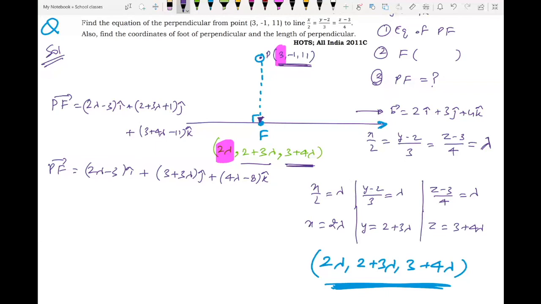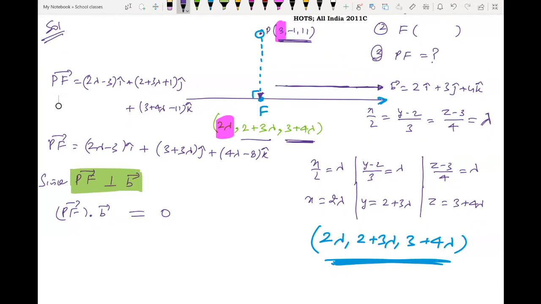Yes, anyone? See, what happens here, actually the PF vector and the B vector are perpendicular. You all can see that. Whenever two vectors are perpendicular, please remember the dot product is 0. That means PF vector dot B vector will always be equal to 0 since they are perpendicular.